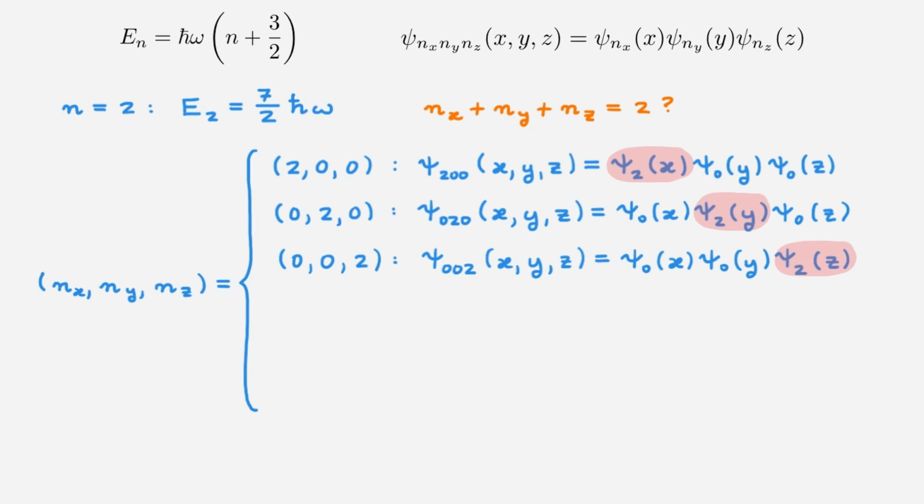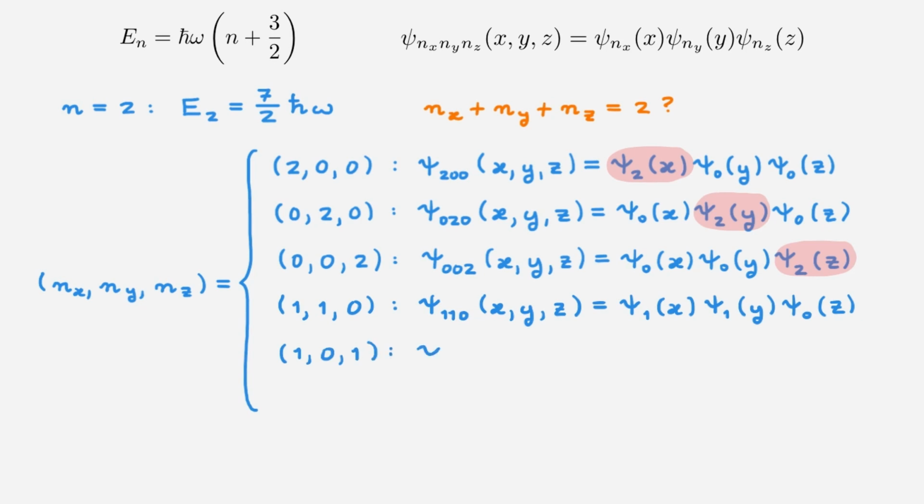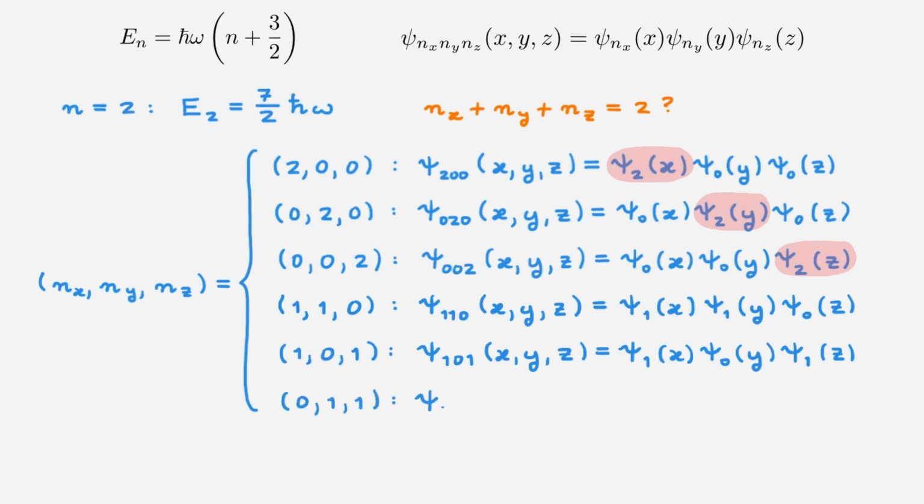But we have another 3 possibilities, because we can also have the 2 extra quanta of energy spread across different directions. We can have 1, 1, 0 with this associated wave function given by this product, 1, 0, 1 with this associated wave function given by this product, and 0, 1, 1 with this associated wave function given by this other product.